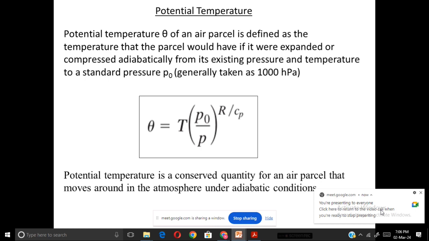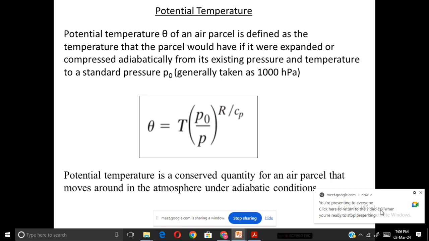You remember that last class we were talking about virtual temperature, which is basically the temperature that a dry air would have which had the same density as a moist parcel. It was introduced to maintain the specific gas constant as that of dry air itself.